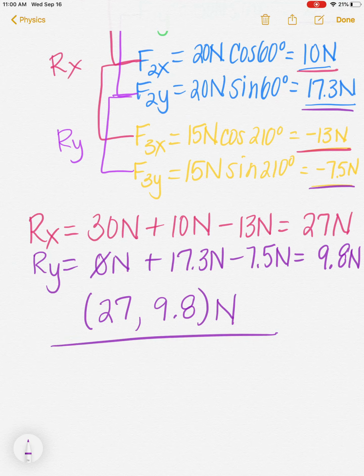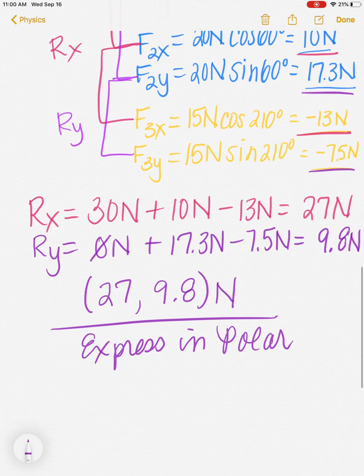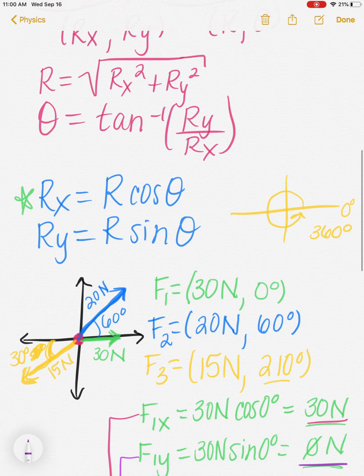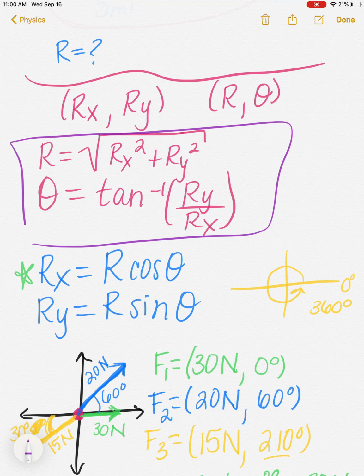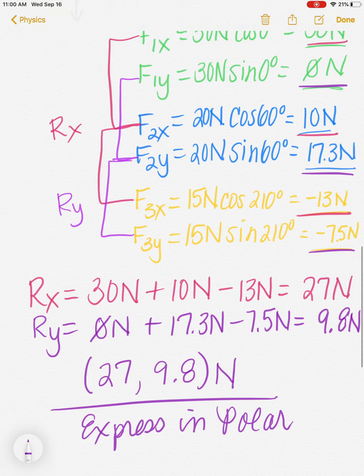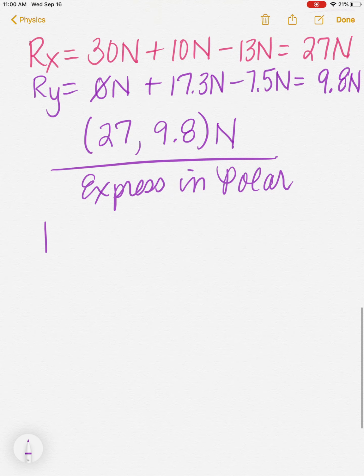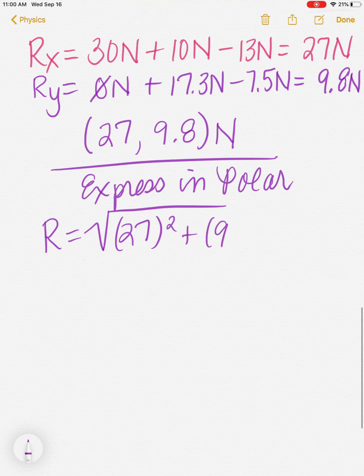But what if they said that they want you to express this in polar form? If we want to express this in polar form, then we've got to go back and use these conversion factors. So the resultant overall is going to be equal to the square root of 27 squared plus 9.8 squared.